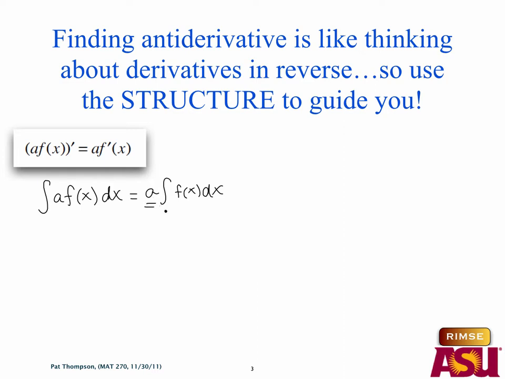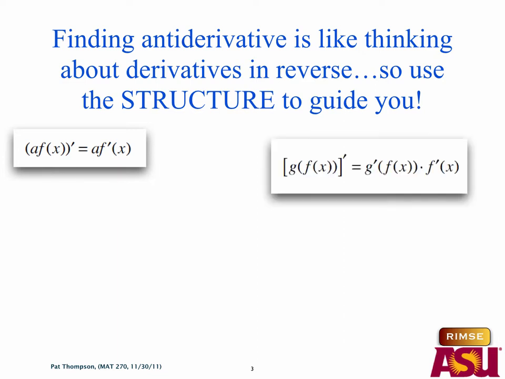You still have the constant multiple times the integral of your function, okay? So you can pull this constant out just the way we do when we take a derivative, okay?